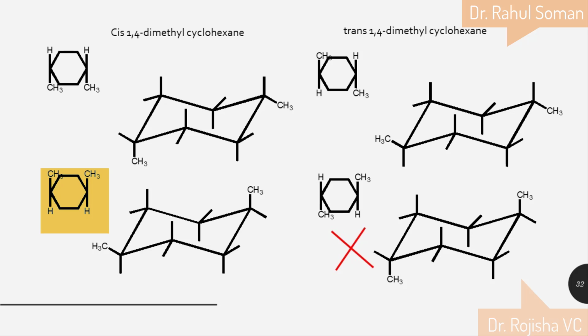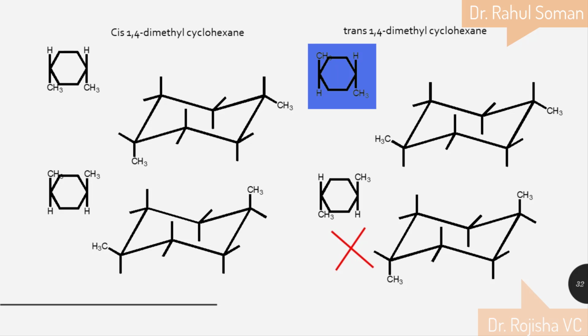Since it is the cis form, we write alpha, with two CH3 groups down. Then we see whether it is energetically favorable. It is one equatorial and one axial, and the other is one axial and one equatorial, so both are equal. In the trans case, the groups will be opposite to each other: one alpha bond and the other a beta bond.